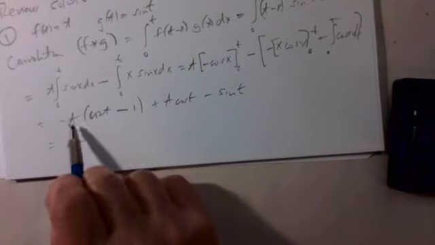So we get t minus sine t. Okay, so minus t cosine t plus t cosine t, they cancel.